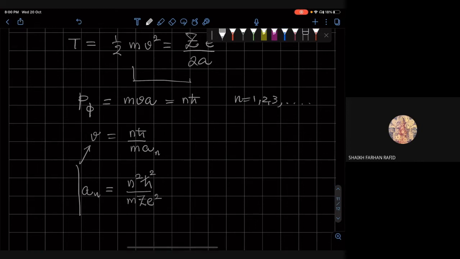So these are the allowed values of the orbits. So this is basically what gives you the discrete stationary orbits.